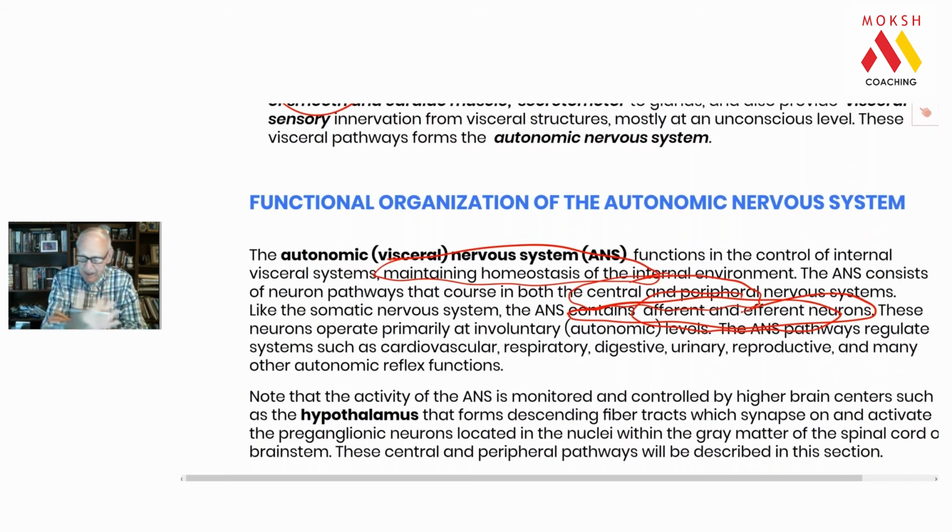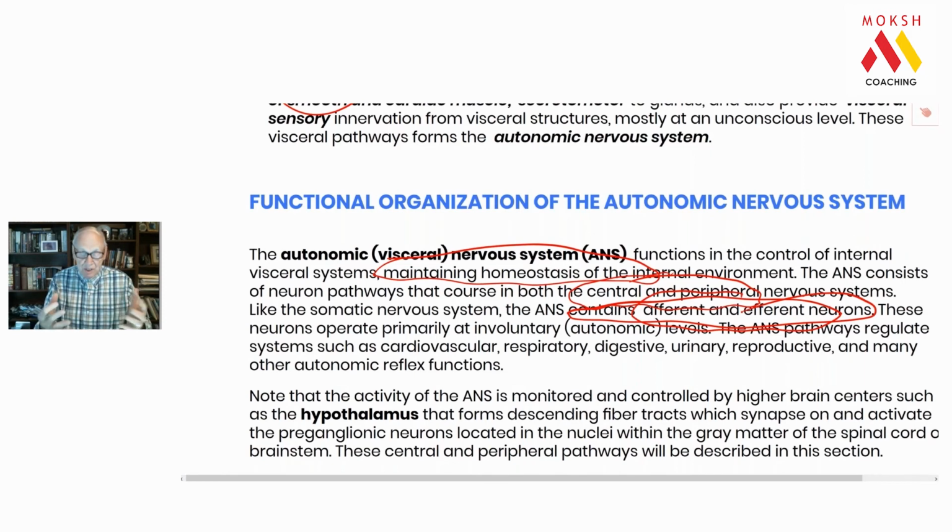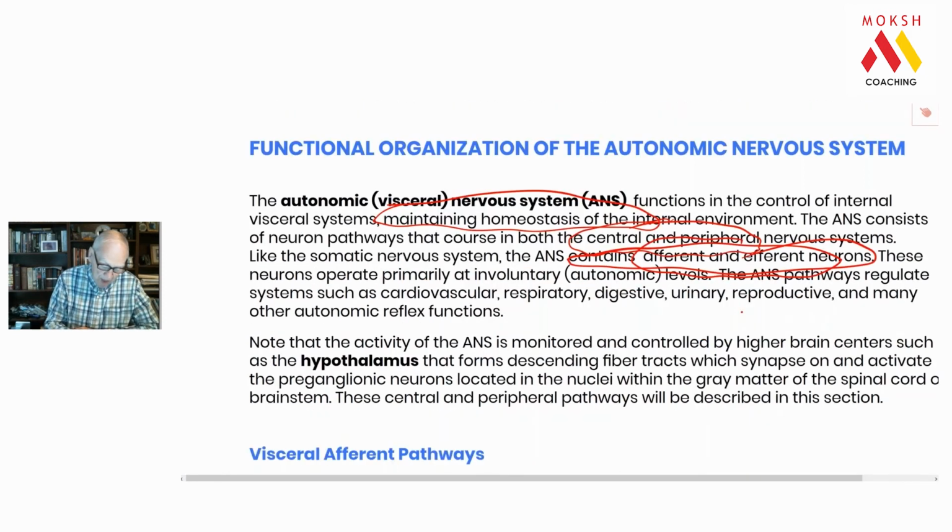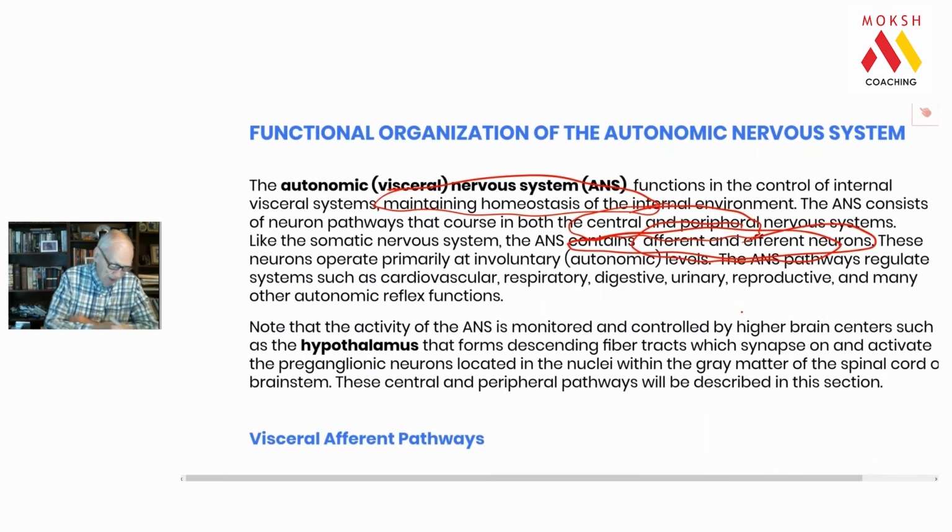So it has some similarities to somatic and, of course, some major differences. Again, notice the autonomic functions are controlled by higher brain centers, and we mentioned this last week. One of those main ones is the hypothalamus, and we'll come back and reinforce that a few pages over. So when you talk about the autonomic nervous system, you're going to be talking about a sensory side and a motor side.